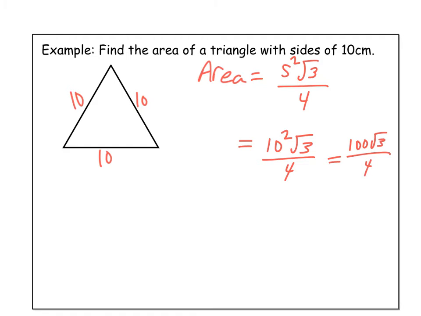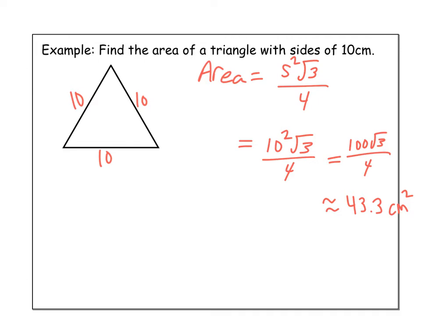And that would be an exact value. If you wanted to get a calculator, it might be a more useful number if you actually calculate it out. I'm getting around 43.3 centimeters squared, just by multiplying all that out.